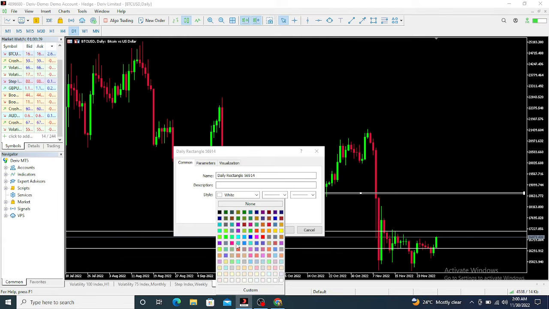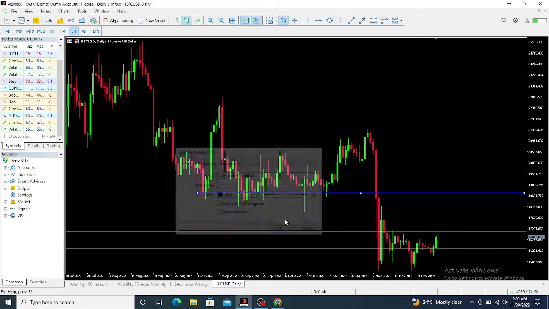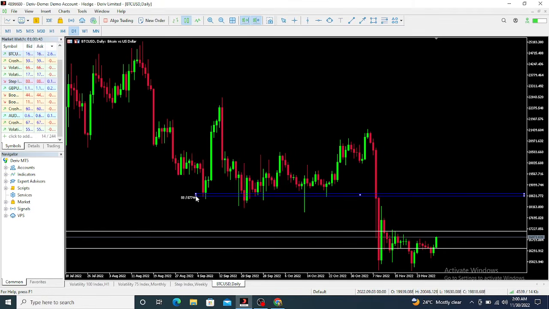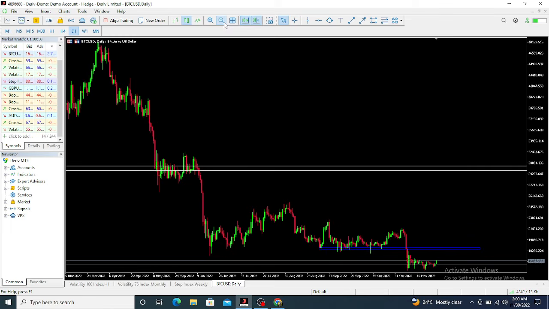Could take that level into consideration for Bitcoin. This level is actually a good strong level too, but it's more like a minor level.